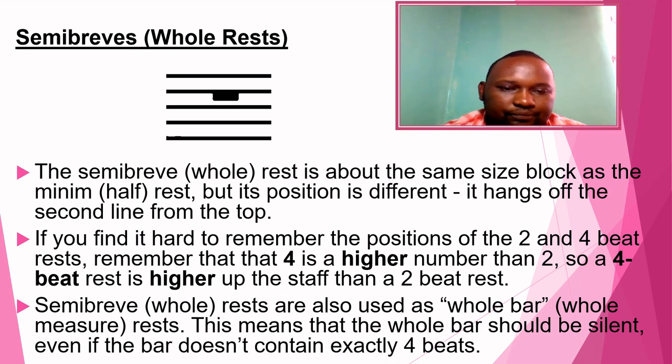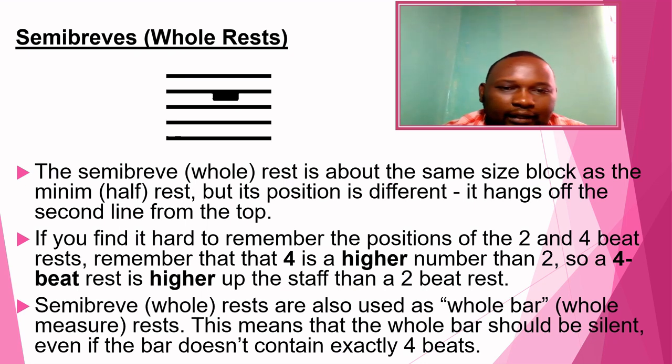This is line 1, line 2, line 3, then line 4, line 5. So if you count from the bottom, it hangs on line 4. But if you count from the top, it hangs just below the second line from the top.